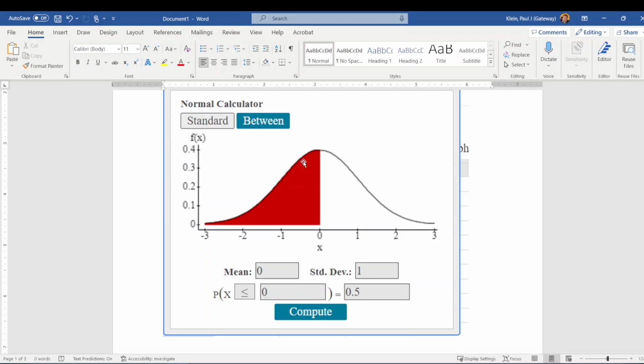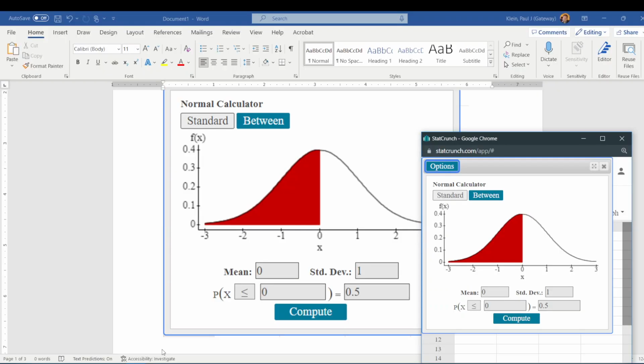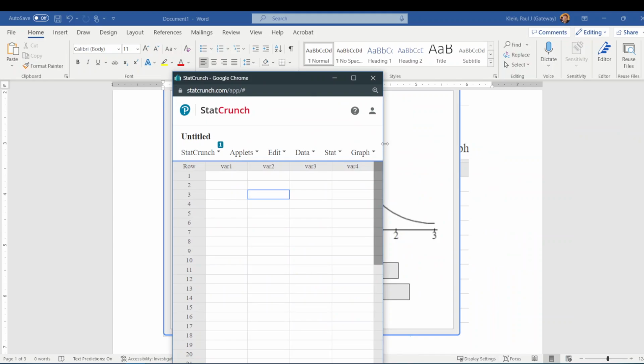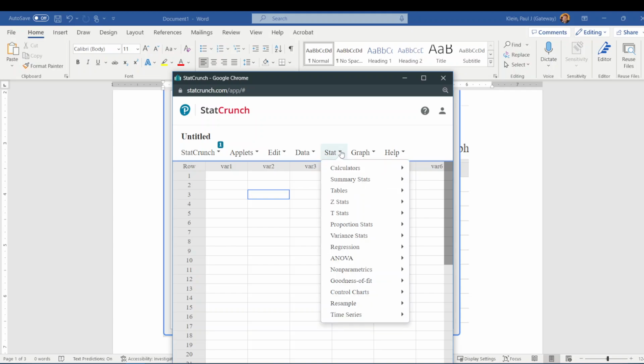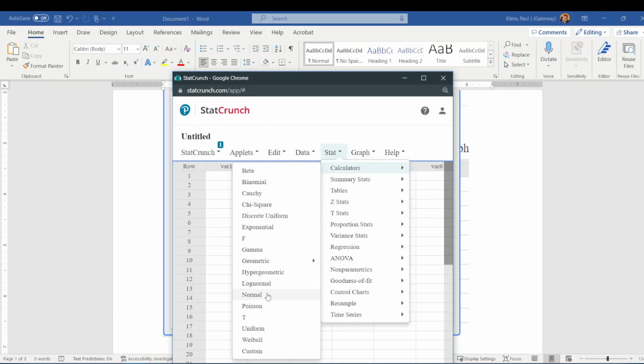If you go to StatCrunch, on the chapter 5 homework, in modules 2, 3, and 4, I think that's right, you're going to use Stat, Calculators, Normal all day long.